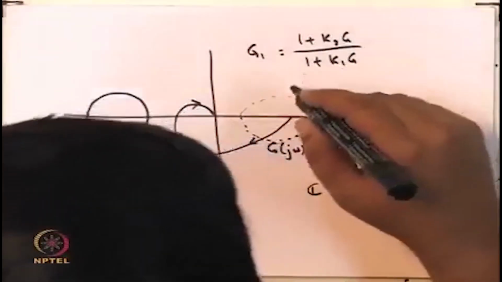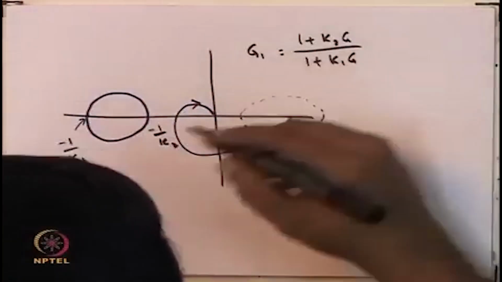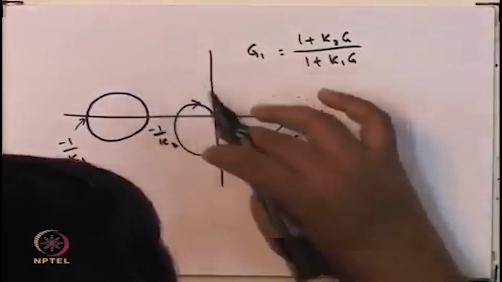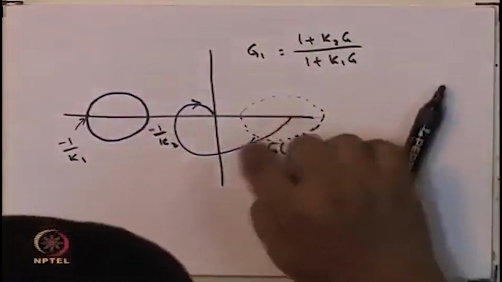So, how can we now check that with respect to the Nyquist plot of the original plant, which is G(j omega)? Now, it turns out that the way one does this is very similar to the Nyquist plot criterion that one uses for linear plants.